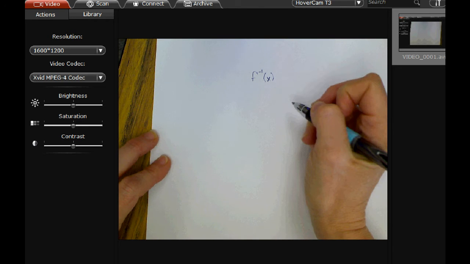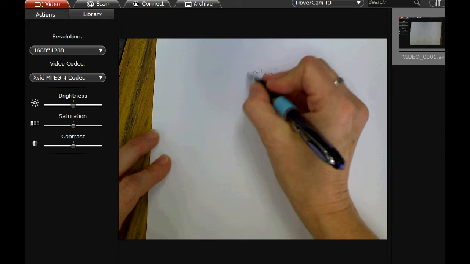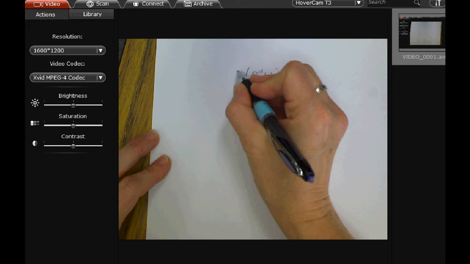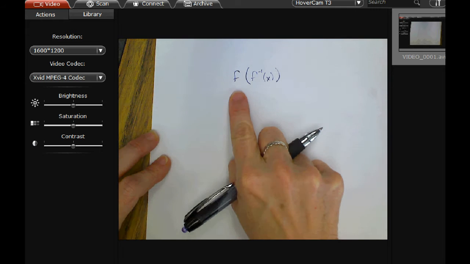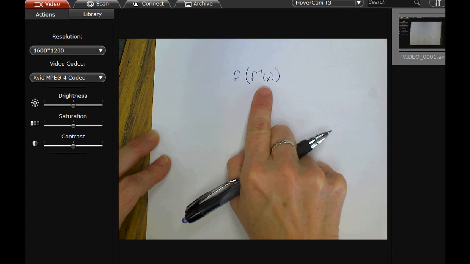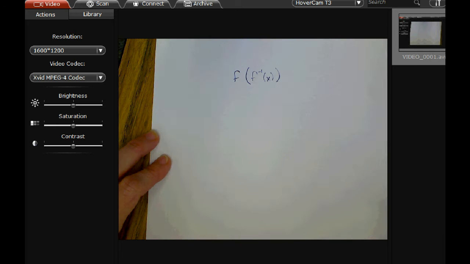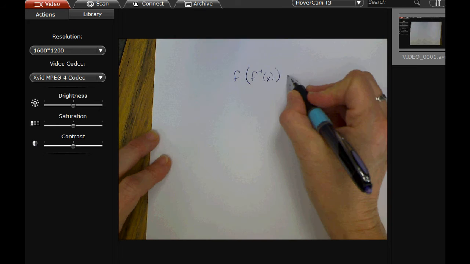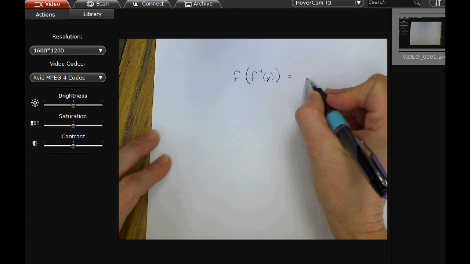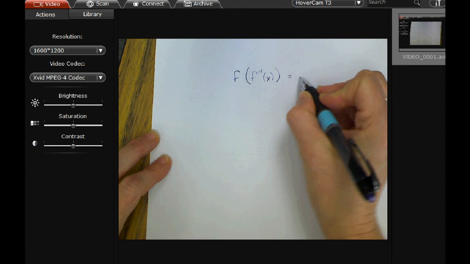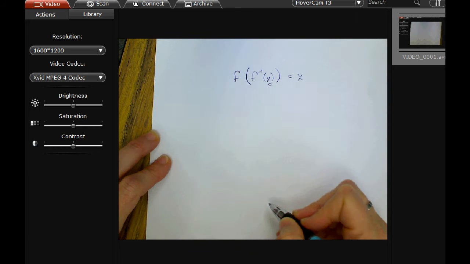That stands for inverse. But if I put that as my input to my original function, it's going to undo whatever you do. So if I take a function that adds 3 and then I subtract 3, I'm going to be right back where I start. So whatever is here is going to be your output.